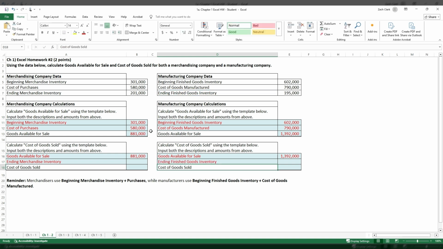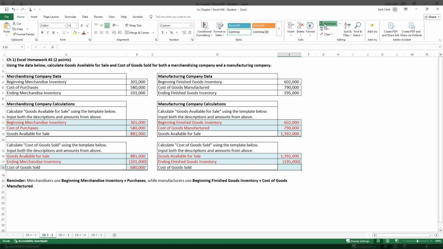This is what we could have sold in total, and then we're going to use this as a negative to indicate that we're going to subtract the ending, because that has not been sold. This ending merchandise inventory or ending finished goods inventory, those are both still in our warehouse, for example, and so those are not yet sold. They would not be included as a component of the cost of goods sold.